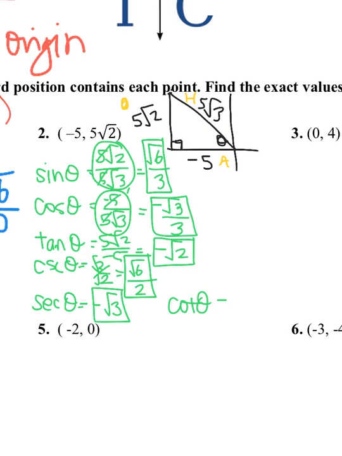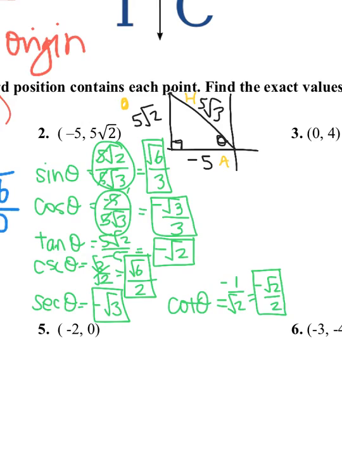And then cotangent, if I do 1 over √2, don't forget that negative, I get negative √2 over 2 when I rationalize. And so that's how it looks when it's not in the first quadrant. You start seeing some negatives for some of these trig functions.